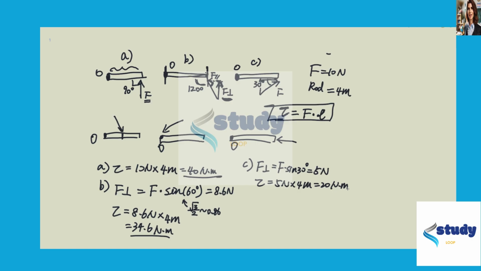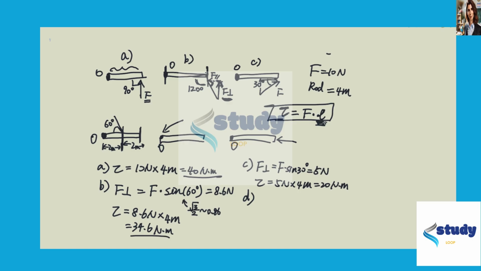Part D. For D, now it's interesting that the point of contact is not at the end of the rod anymore. It's at the middle of it. Since the whole rod is 4 meters, now we have 2 meters here. So this L really isn't 4 meters anymore. The only difference is that L is now 2 meters, but otherwise we do the same job.